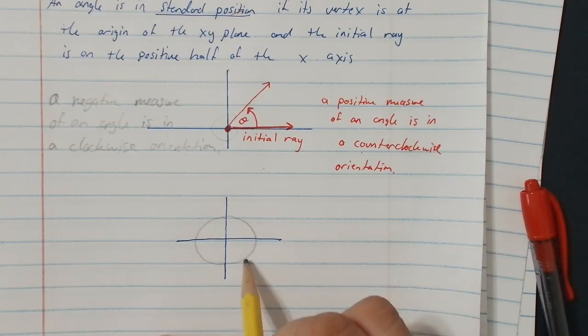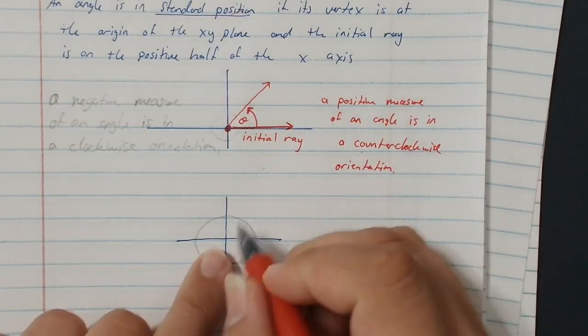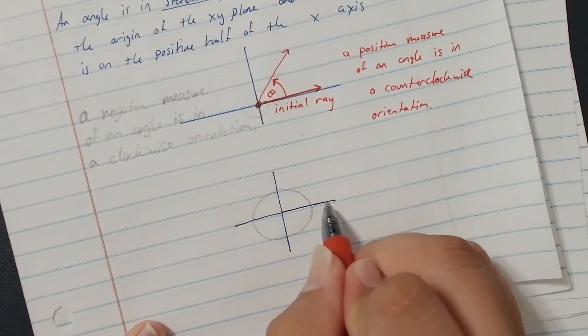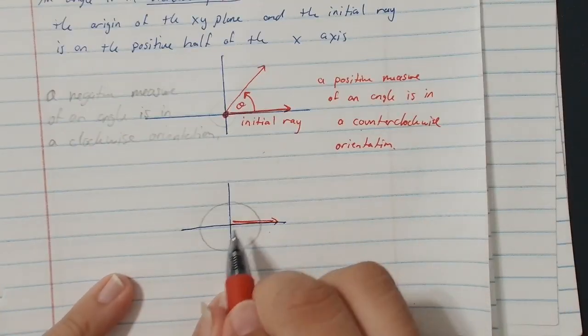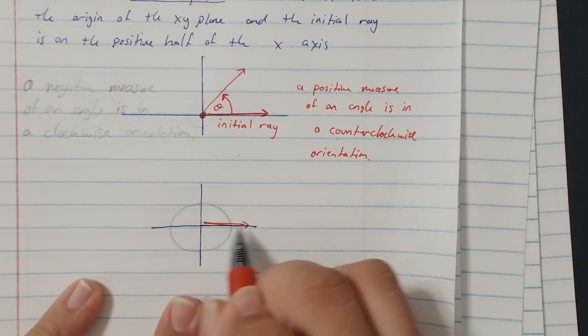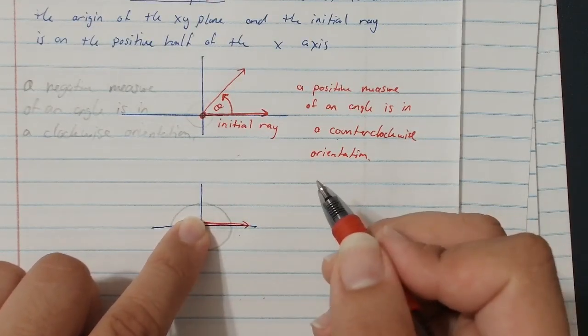Oh, okay, well, 360 divided by 4 would be 90. So right here, if this is my initial ray, which in standard position it always will be, then if I start here and I don't open the angle at all, well, then the measure is 0.